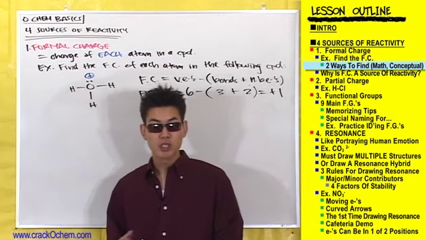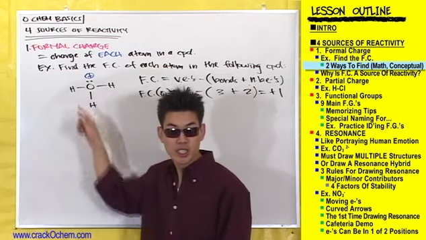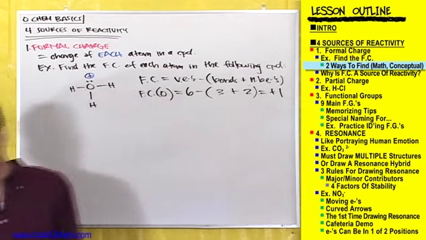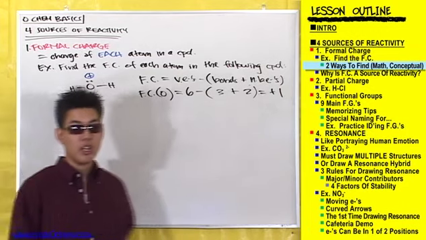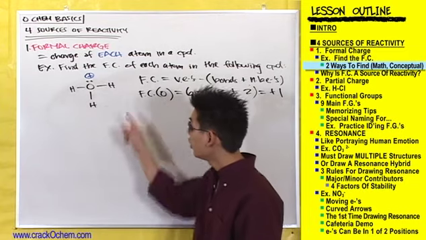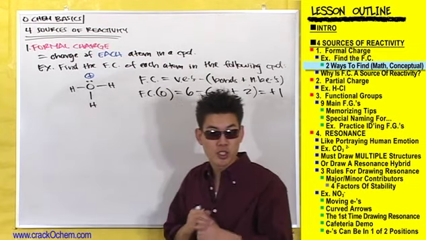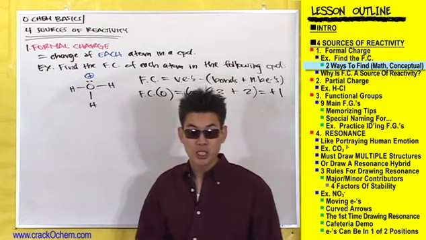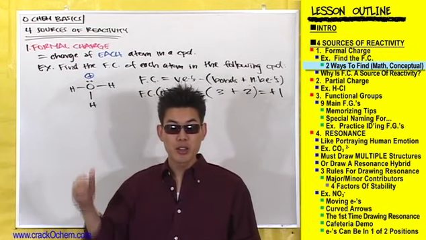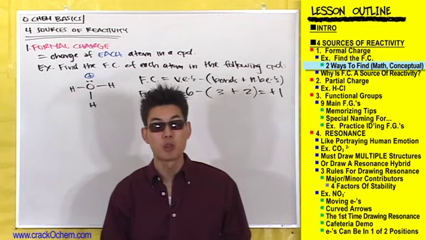All right, so now let's check the formal charges on the hydrogens in this compound. Coincidentally, since each of these hydrogens in this compound has the same number of bonds and non-bonding electrons, it turns out that all the hydrogens in this compound will have the same formal charge.